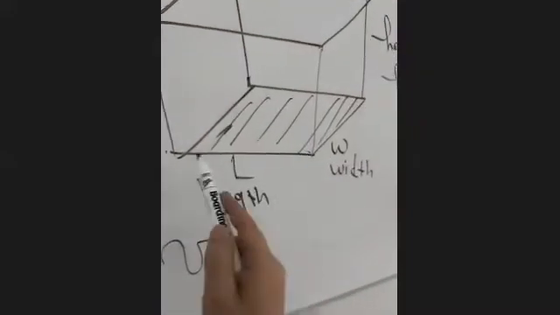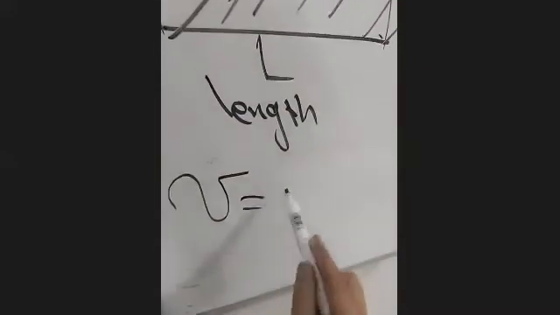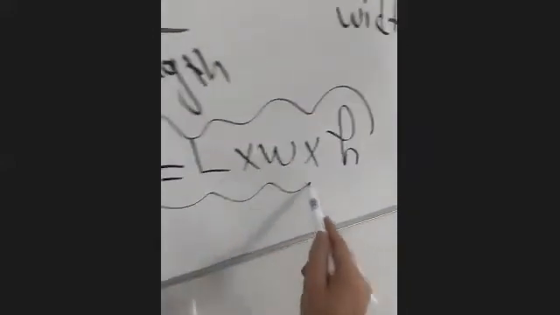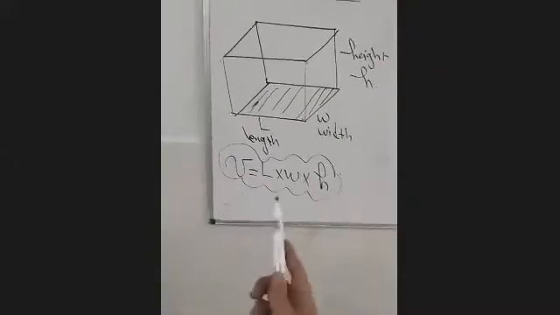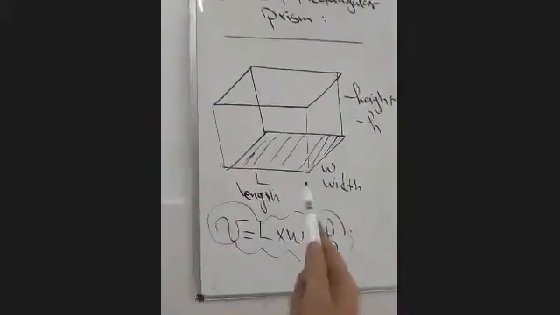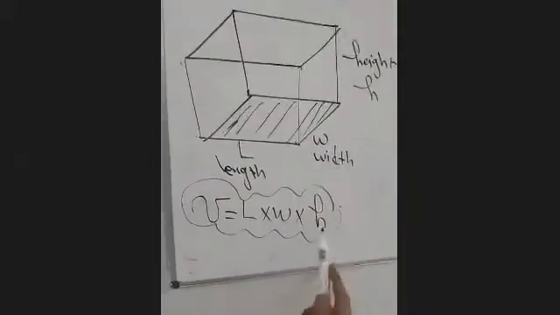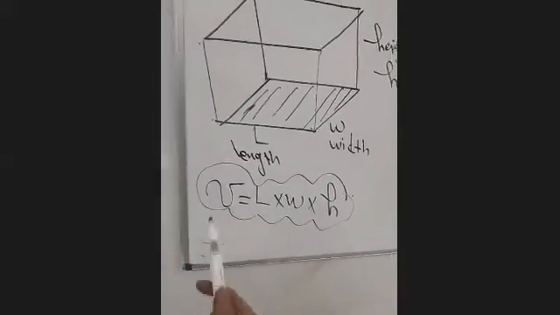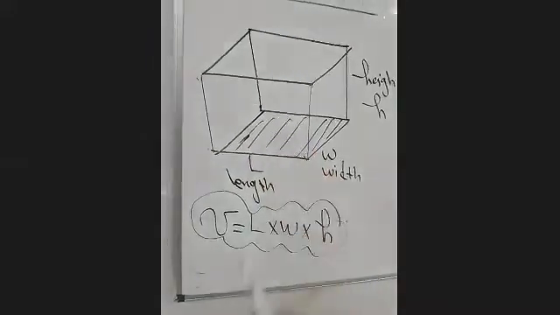So what will the volume be? The area of the base is length by width. Length multiply width, multiply the height. This is the formula for how to find the volume of any rectangular prism. Any rectangular prism has length, width, and height. If you multiply the three dimensions together, the answer will be the volume of this rectangular prism.